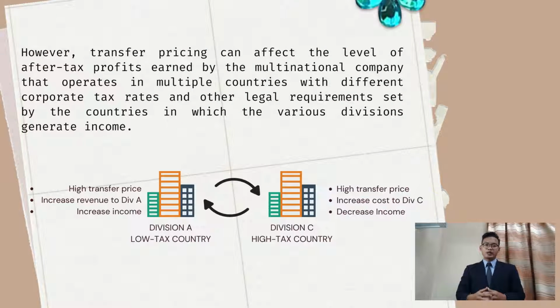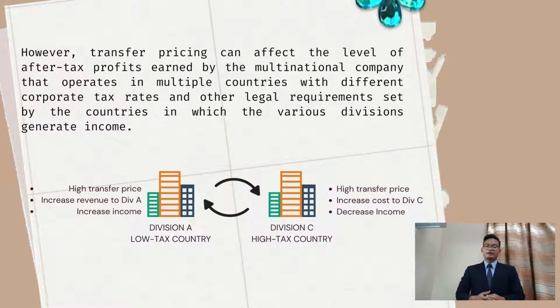In addition, the actual transfer price nets out for the company as a whole in that total pre-tax income for the company is the same regardless of the transfer price. However, transfer pricing can affect the level of after-tax profit earned by a multinational company that operates in multiple countries with different corporate tax rates and other legal requirements set by the countries in which the various divisions generate income.